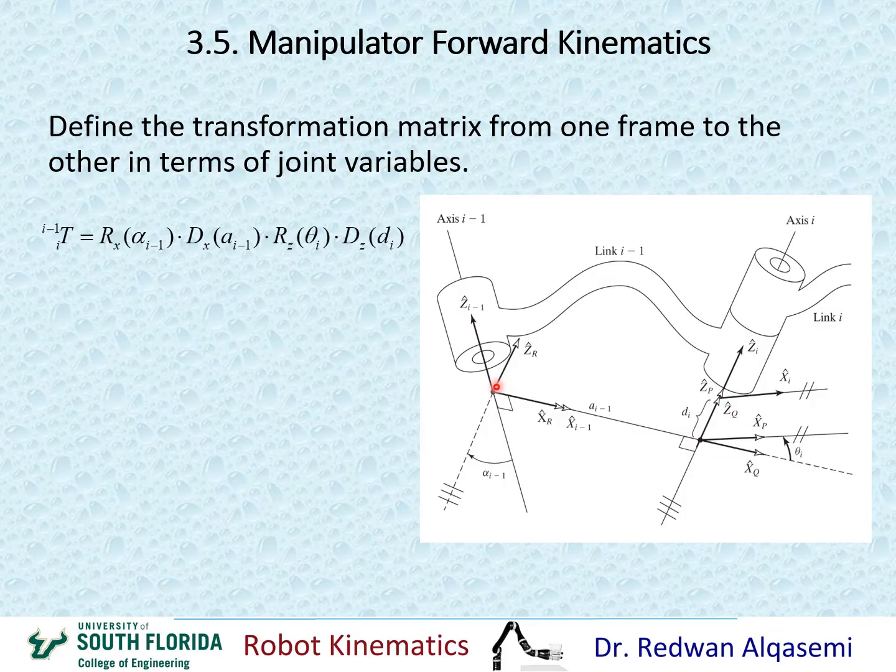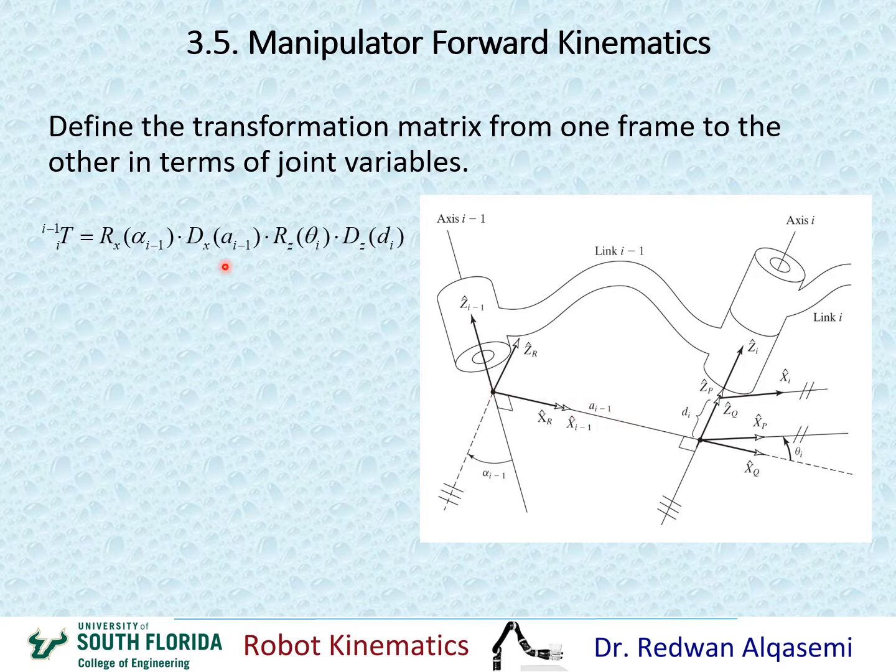The next thing is I need to move my frame from this point after rotation. I need to move along the x direction, the new x direction, and come to the intersection with the next z-axis. Okay, so I need to move along this common perpendicular by the amount of a i-1.